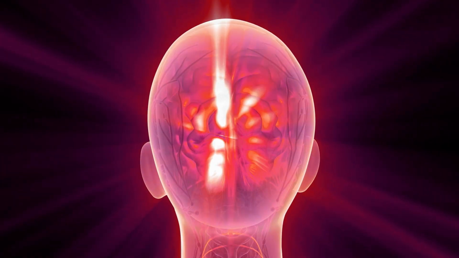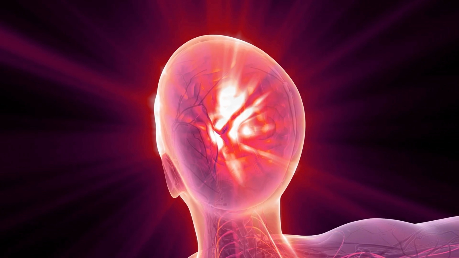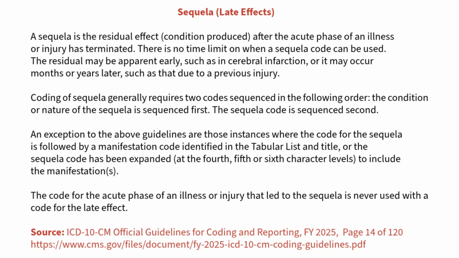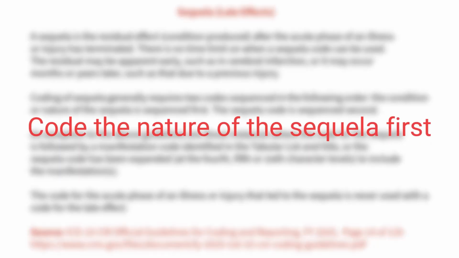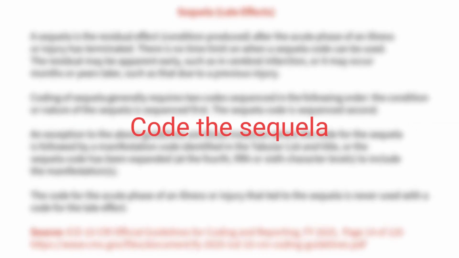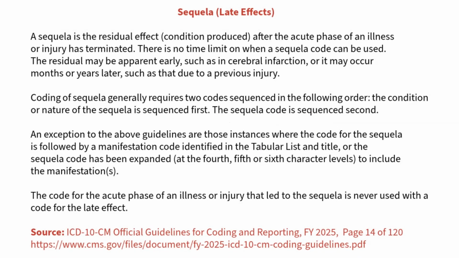Coding sequela generally requires assigning two codes. You will assign the condition or the nature of the sequela first, and then the sequela is sequenced second. The code for the acute phase of an illness or injury that led to the sequela is never used with the code for the late effect.